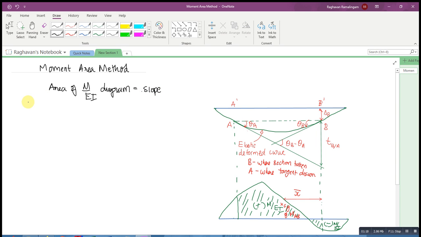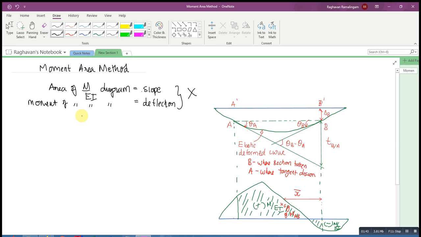And you may also be thinking that the moment of the area of the M by EI diagram is equal to the deflection. So this is what most of you would have been thinking till now through most of your textbooks, because it just so happens that these two statements are actually not true.